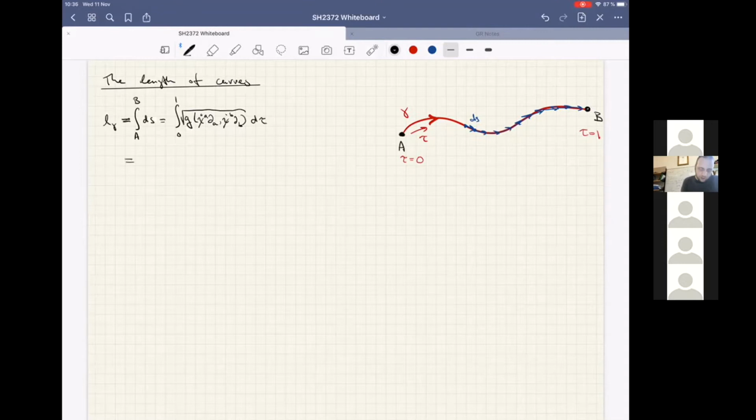So this would be 0 to 1 and GAB chi dot A chi dot B d tau, and the dot here denotes a differentiation with respect to tau.